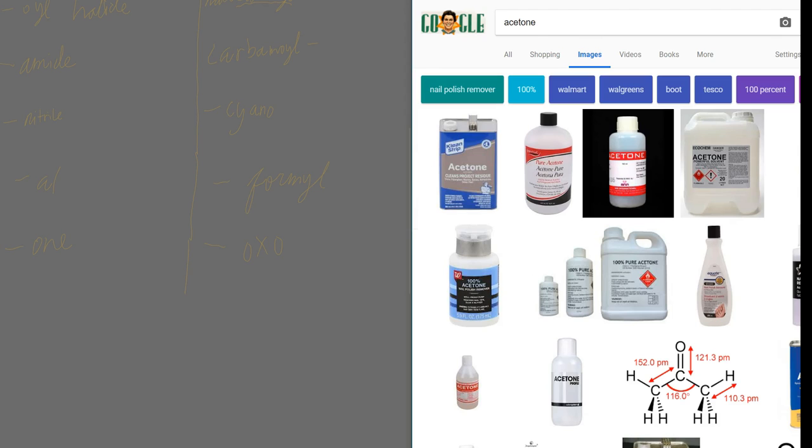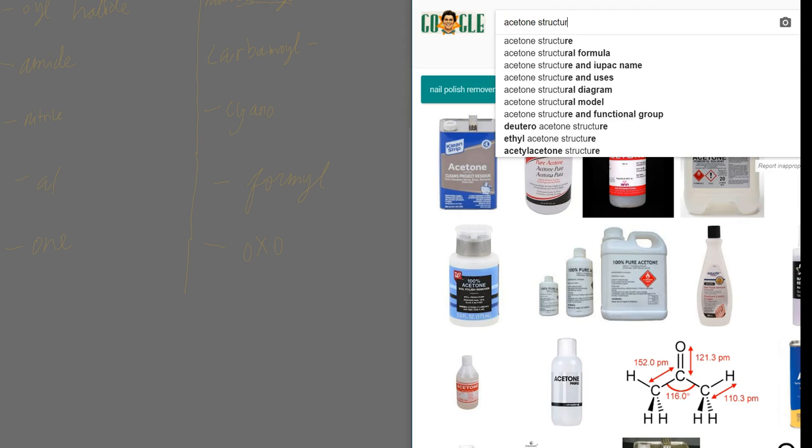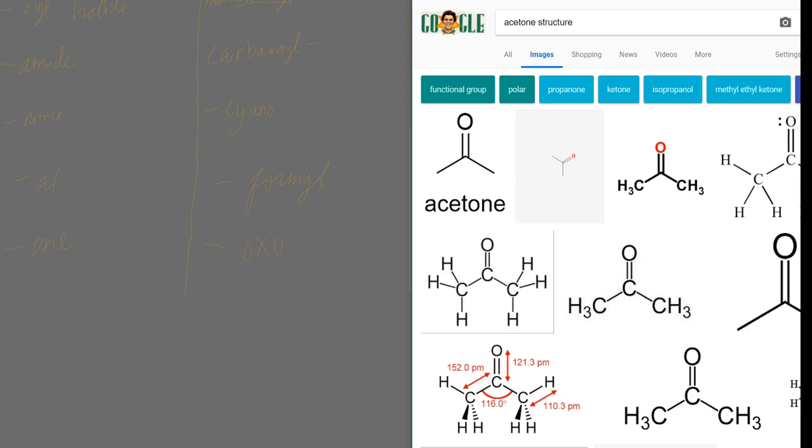Is it? Acetone structure. Yes. The most simple form for a ketone is acetone, three carbons at the minimum, because there's two other alkyl groups.